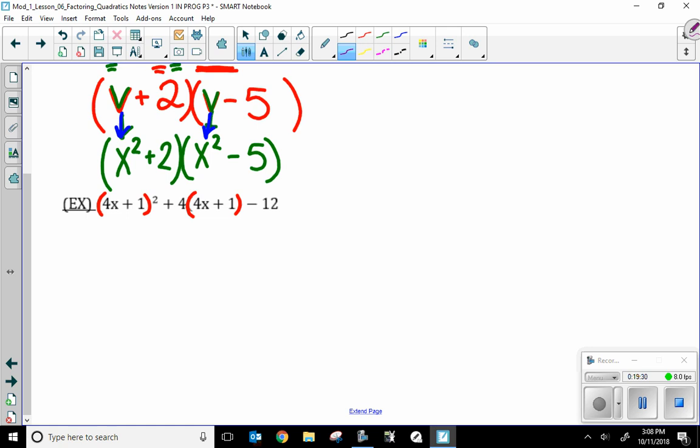Let's use f. Anytime I see 4x plus 1, I'm just going to make that an f squared plus 4 times f minus 12. So instead of 4x plus 1, I'm going to make that an f. I'm setting that equal. I'm substituting that in. Let's factor this.